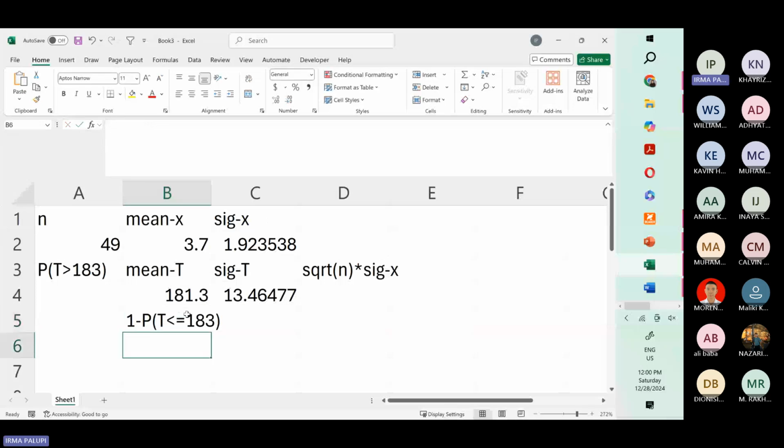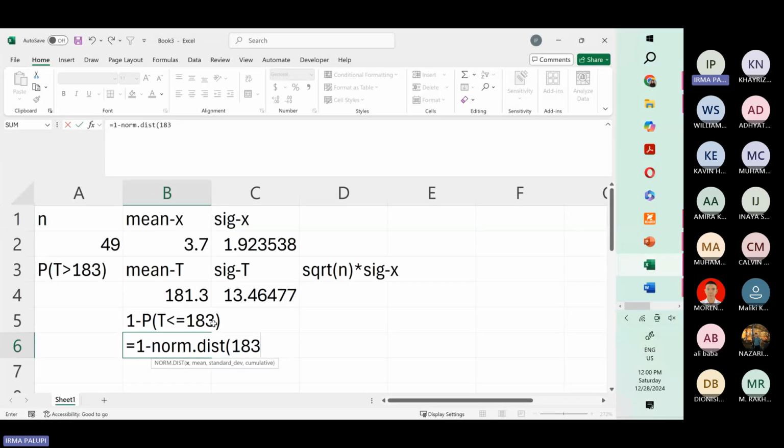So it equals 1 minus the norm distribution. So X is 7, comma, the standard deviation of T, which is this one, comma, the cumulative flag. This is the answer, 0.449.